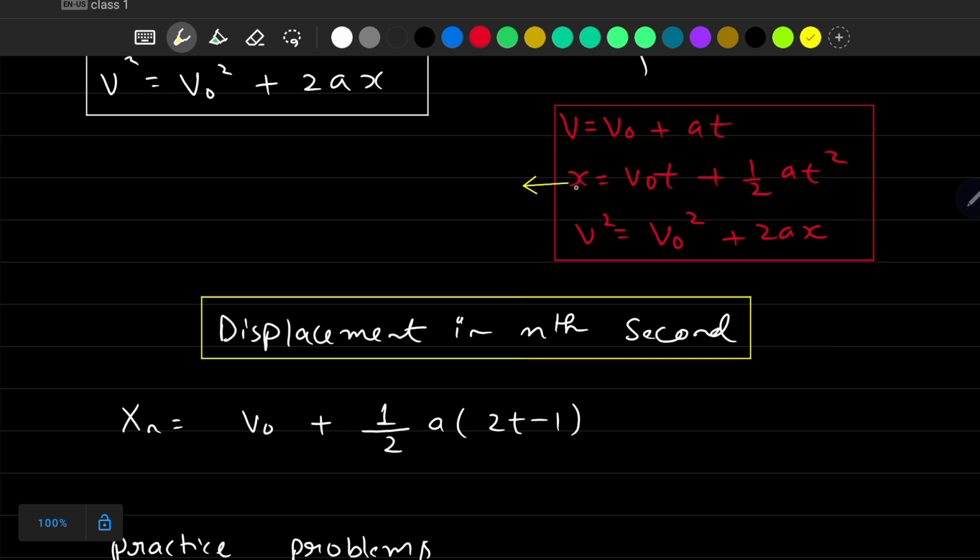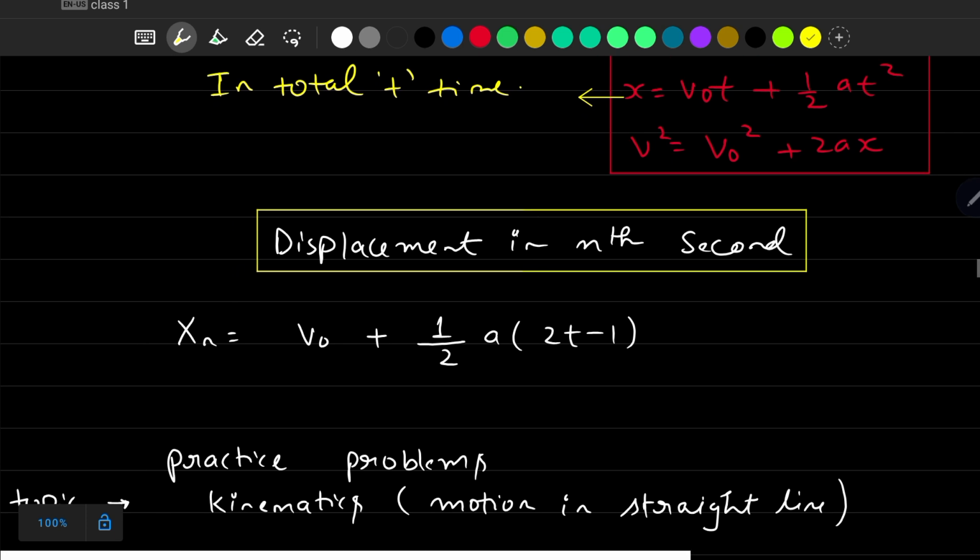But remember that the second equation or third equation give you displacement in total n seconds, just like it will give you displacement in total t time. Just like if you drive your car for 4 hours, it will give displacement for total 4 hours, 0 to 4 hours completely. But what if you want to figure out in the fourth hour how much is your displacement? Not total 4 hours, in the fourth hour what is your displacement?